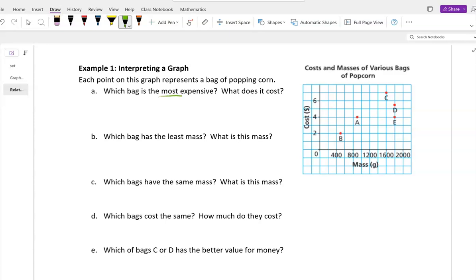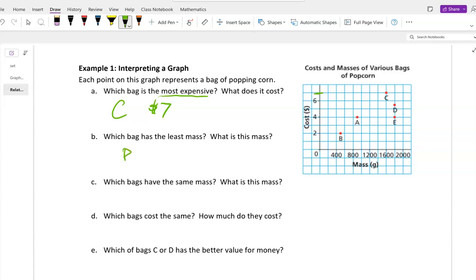Which bag is the most expensive? This is cost, this is the dependent variable. Looks like the most expensive one is C, and it is $7. What bag has the least mass? That means the least weight.